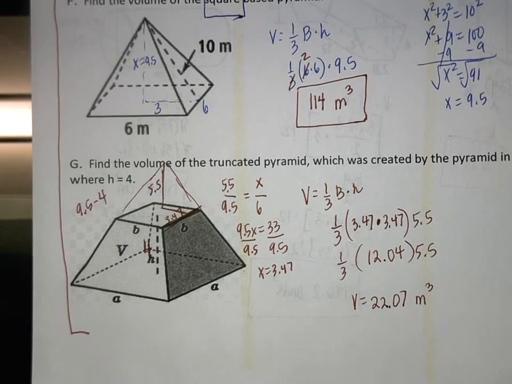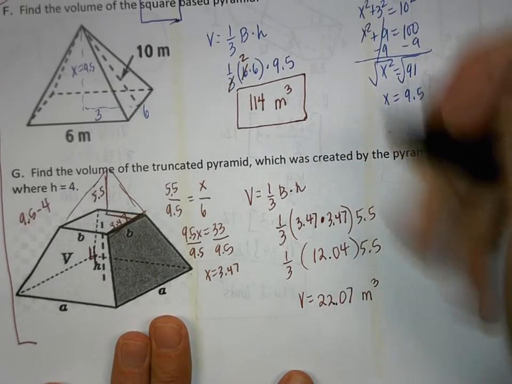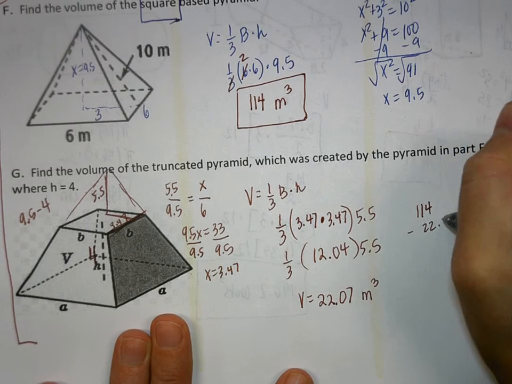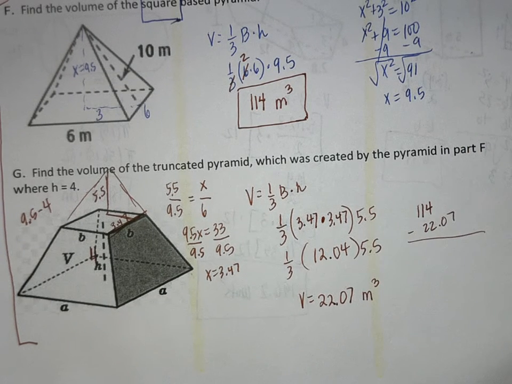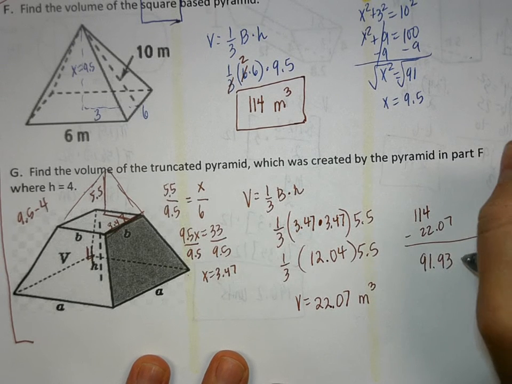No. What do I need to do? Very good. And so we're going to take the original pyramid, which was 114, and we subtract the 22.07 from it because that's what was cut off. And we get what? Good. 91.93, and that is meters cubed.